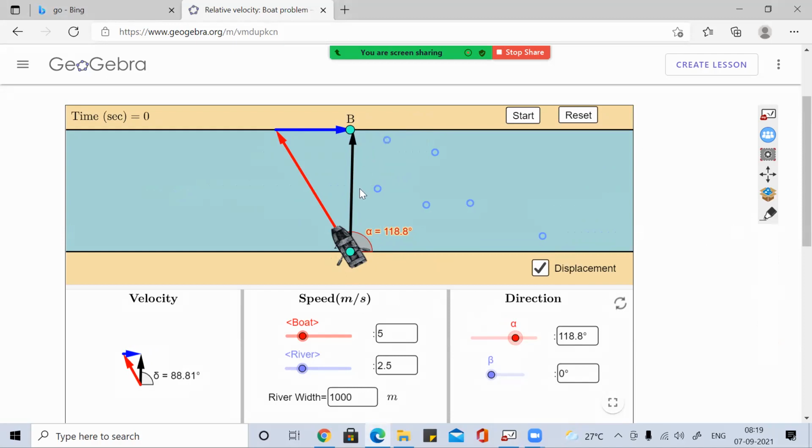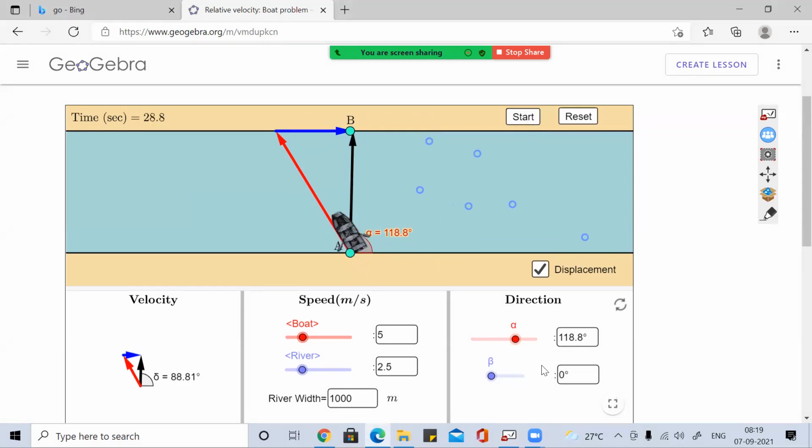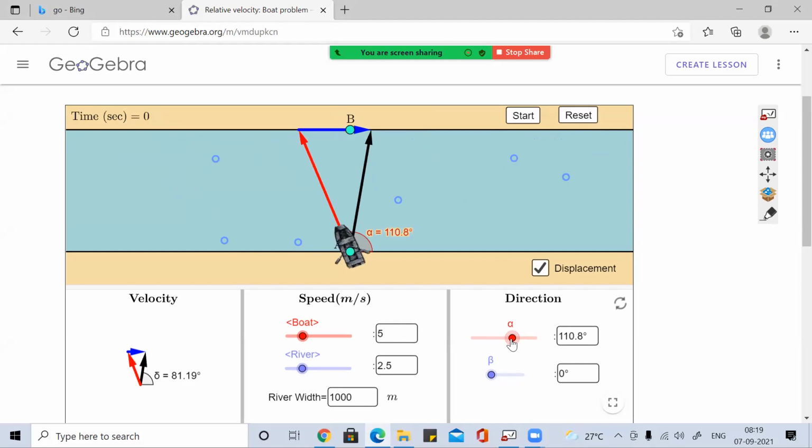But is this the shortest time? No, sir. Let us see. How much? 228.23 seconds, sir. So to cross the river in the shortest time, in which direction does he have to put effort?